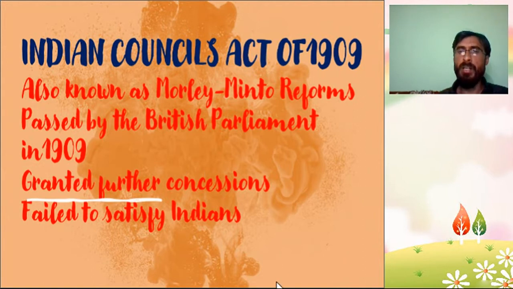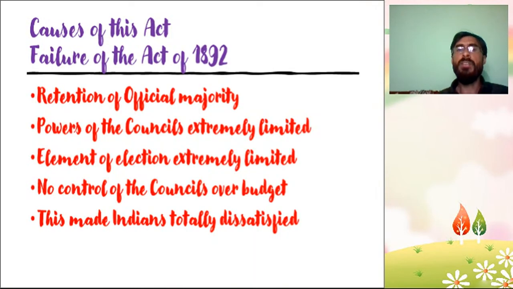Here are some of the causes of this act. The first cause of this act was the failure of the Act of 1892 to satisfy the Indians. Indian National Congress was formed in 1885 and initially its demands were the expansion of the councils, enlargement of their powers, and the majority of elected members in these councils.